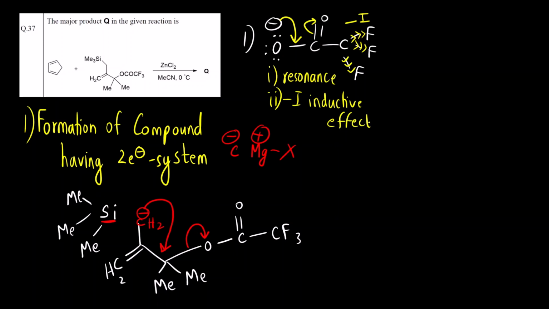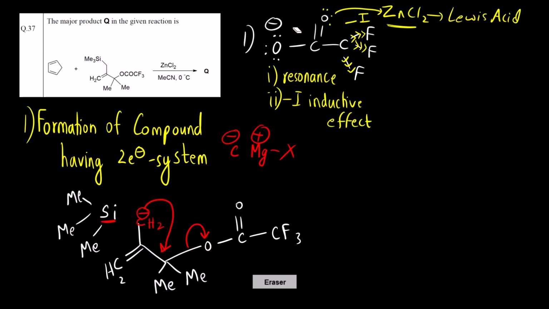Another, third reason that is possible is that this carbonyl oxygen is electron rich, and we know ZnCl2 is a Lewis acid, so it can easily accept electrons. So this lone pair can easily attack zinc chloride. When it is coordinated like this, positive charge on an electronegative atom is even more unstable.